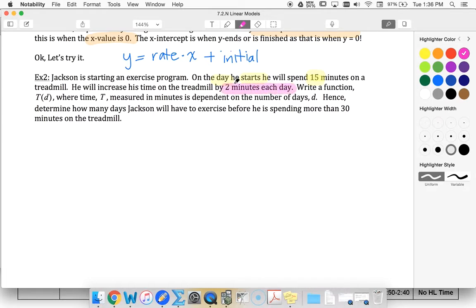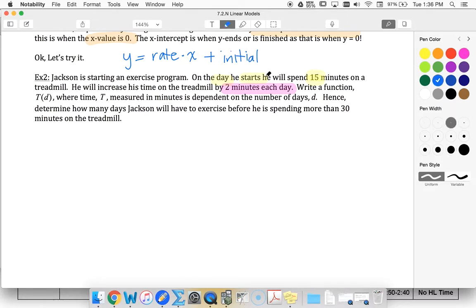So we've got minutes on the exercise, minutes on the treadmill is dependent on what day it is. So write a function, time of day. So how much time on the treadmill is a function of what day it is. We've got our time measured in minutes, depending on the number of days.